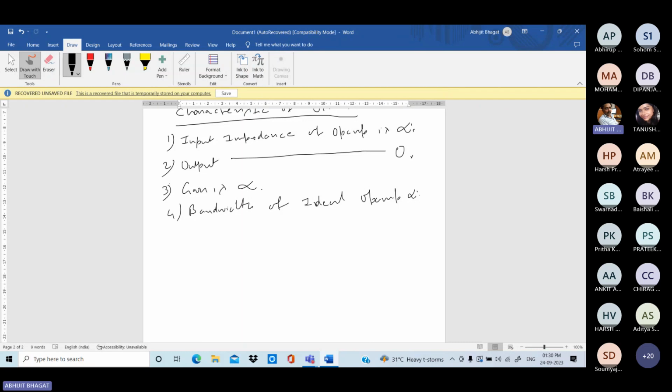Next point is perfect balance. You can note down perfect balance.